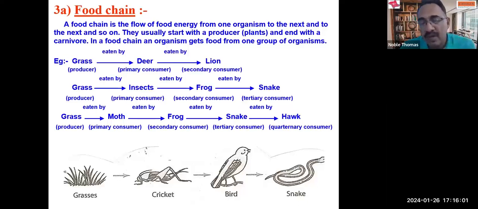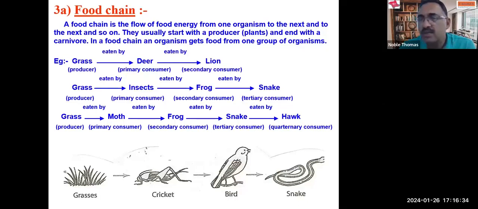Secondly, even if the bird is eating the cricket, not all parts of the cricket can be digested. There will be some part of the cricket's body which is very hard, cannot be digested. And because of that, what happens? It comes out as waste material or ingestion. So that also contains energy. Or the energy that was received by cricket from the grass was utilized for making those hard parts also.